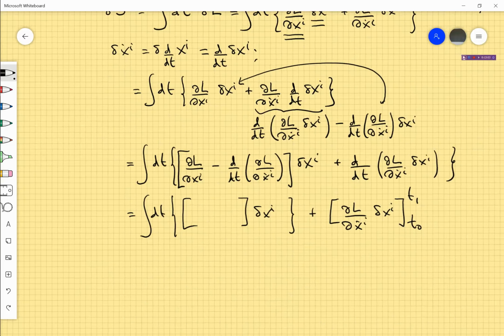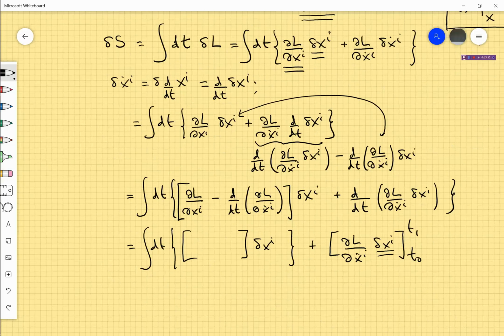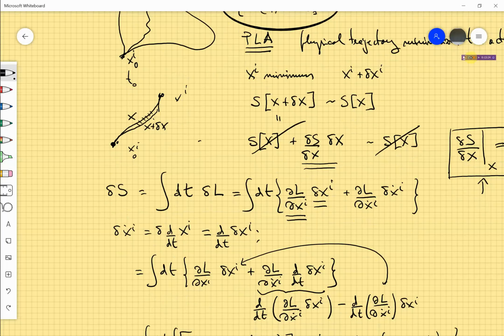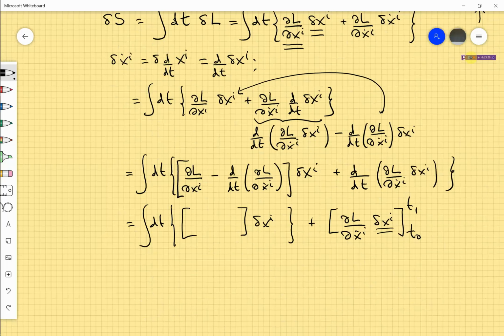Now, the main property of these delta xi's that I have to evaluate at t1 and t0 is that they vanish. In this drawing that I did before, you see that delta x can be different from 0. It's the difference between x plus delta x and x everywhere, but at the origin and at x1, delta x must vanish, because otherwise x plus delta x will not satisfy the boundary conditions. So delta xi at t0 and t1 is 0, and because of this this term vanishes.